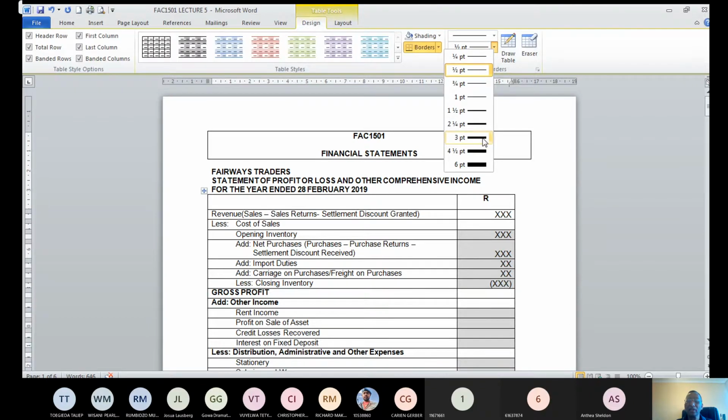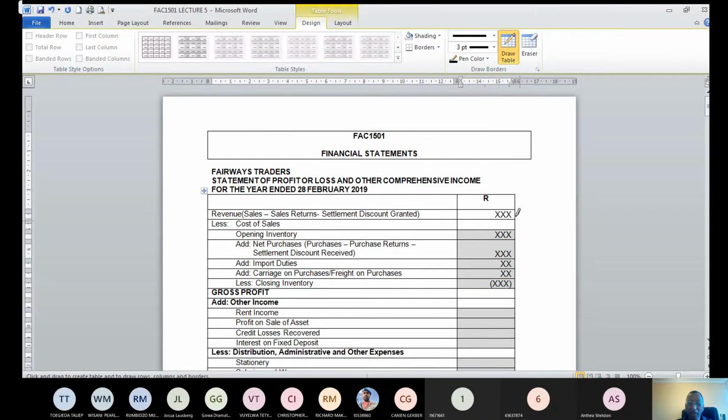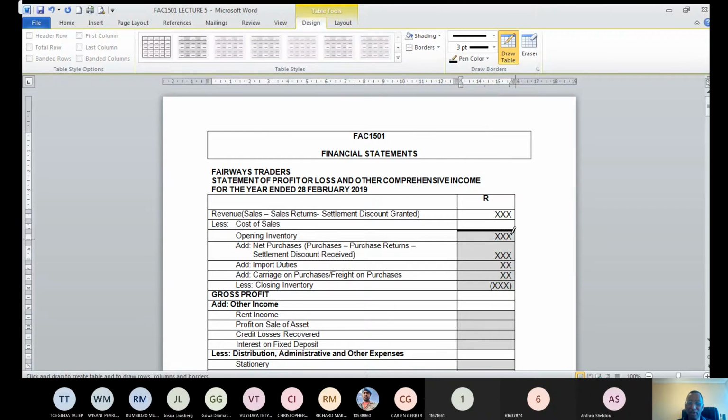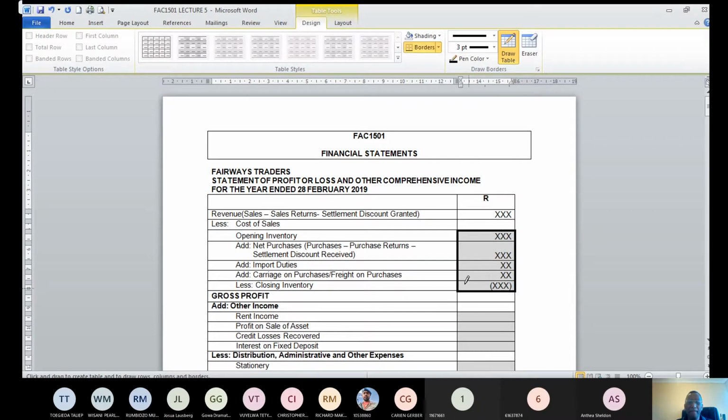So what you do is, you must know how to calculate your cost of sales. Very important. So let us just go through that. Cost of sales is equal to your opening inventory plus your purchases plus all costs that you may incur in getting the stock to you, whether it is import duties or carriage on purchases or freight on purchases, minus the closing inventory.